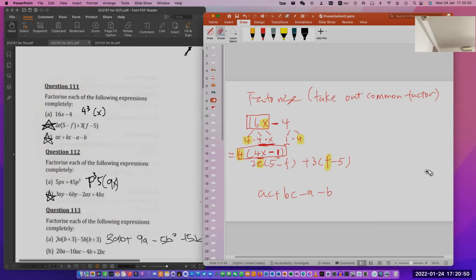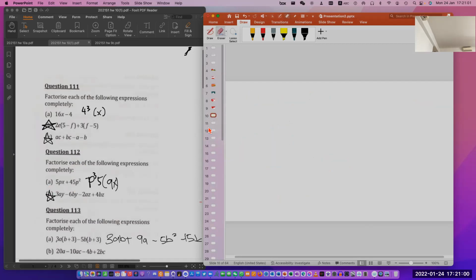So let me not discuss the second question and the third question. Let me talk about 112 first, because from 112 to 112A is another easier question for you to quickly consolidate your knowledge after talking about 111A. So over here, you look at this.